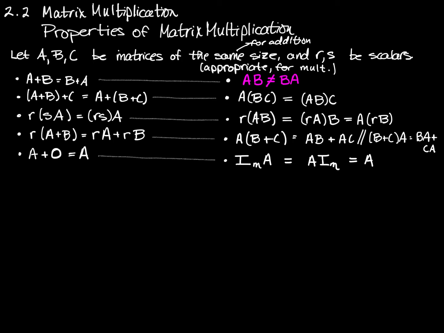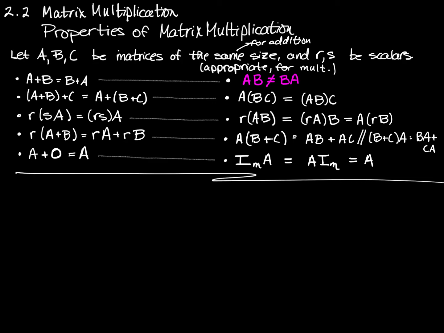Because I'm trying to provide at least some proofs in this class so that you get used to seeing them and knowing what some proofs maybe look like, I'm going to prove one of these properties. Your textbook does a proof of what it calls property 4, which is the associative property of scalars in matrix multiplication.